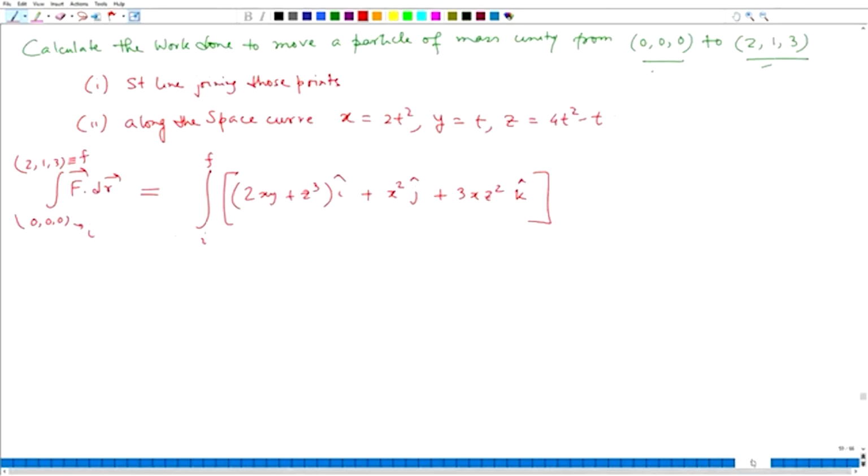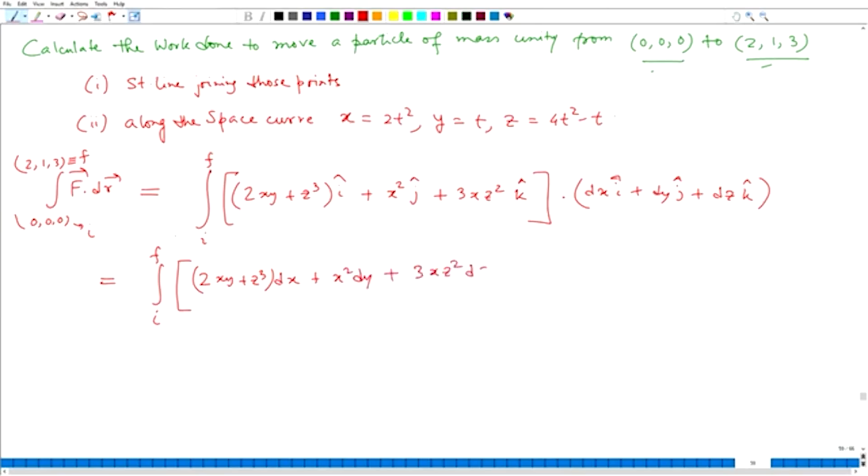Okay. Now, I have this dx i cap plus dy j cap plus dz k cap. Okay. So, I can now write this as the integration from i to f. You will see 2xy plus z cube dx plus x squared dy plus 3xz squared dz. That is what you obtain when you contract these two vectors.